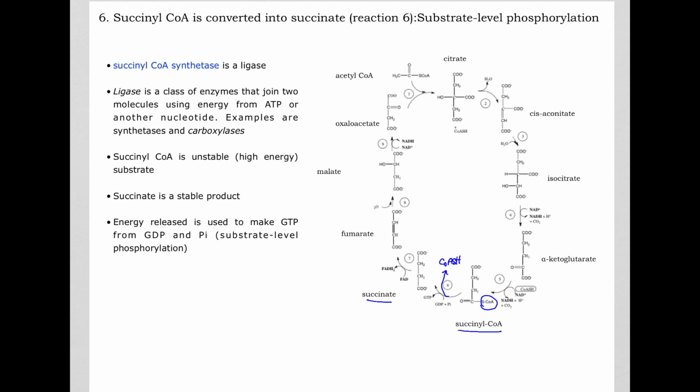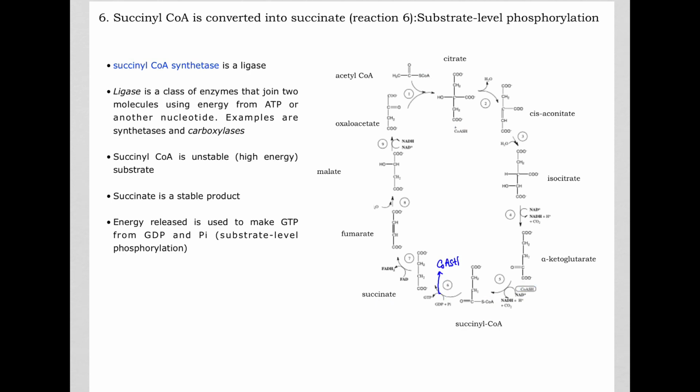So as far as the coenzyme A is concerned, we brought in a coenzyme A through acetyl-CoA, we released it here, we used it up here, and now we release one here. So really at the end of the cycle, there is a net one coenzyme A that is generated.